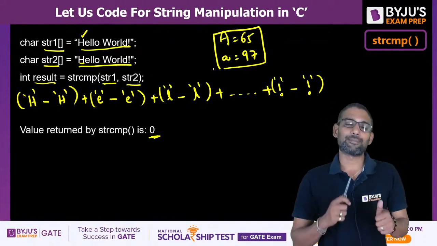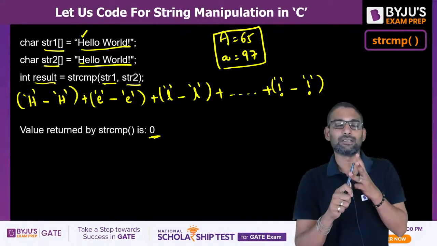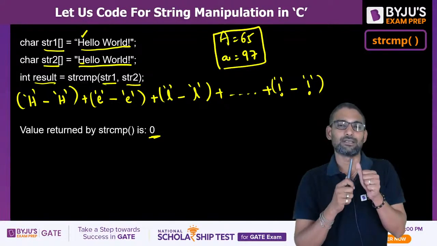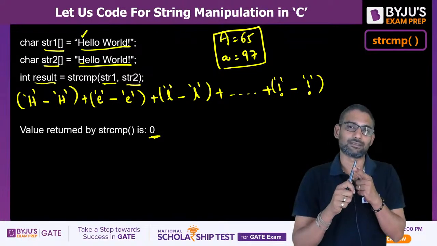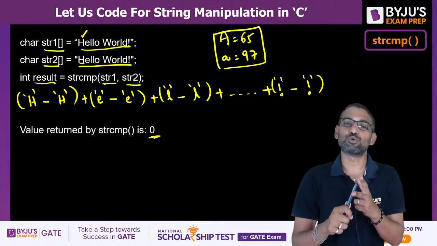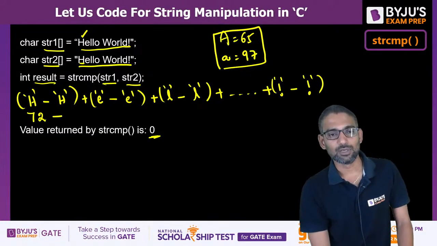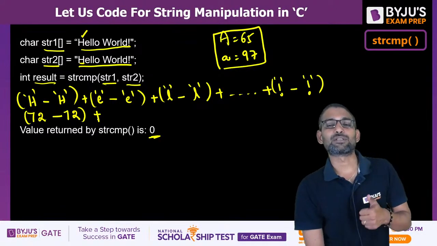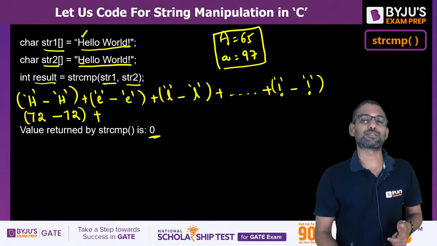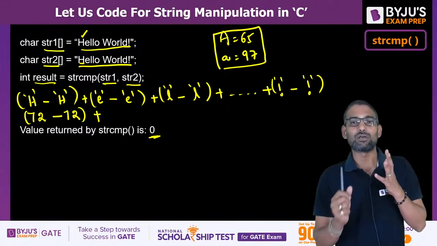Okay, so capital A 65, B 66, C 67, D 68, E 69, F 70, G 71, H 72. So capital H ASCII value 72 minus capital H is 72, plus small e, when small a is ASCII value 97, small e is 97, 98, 99, 100, 101.